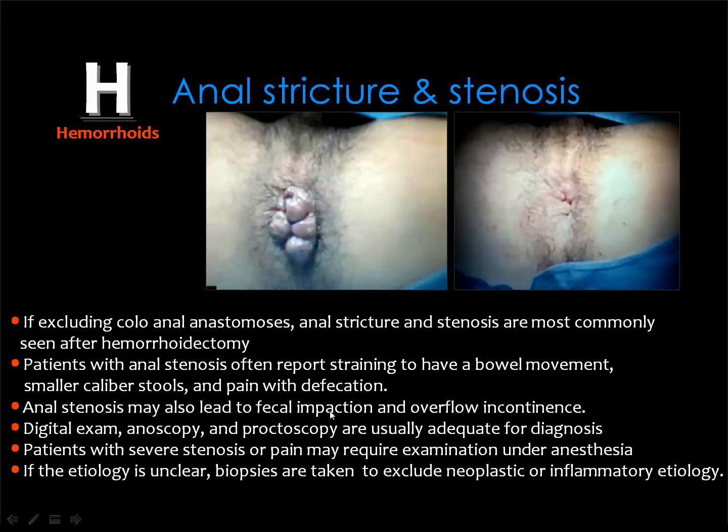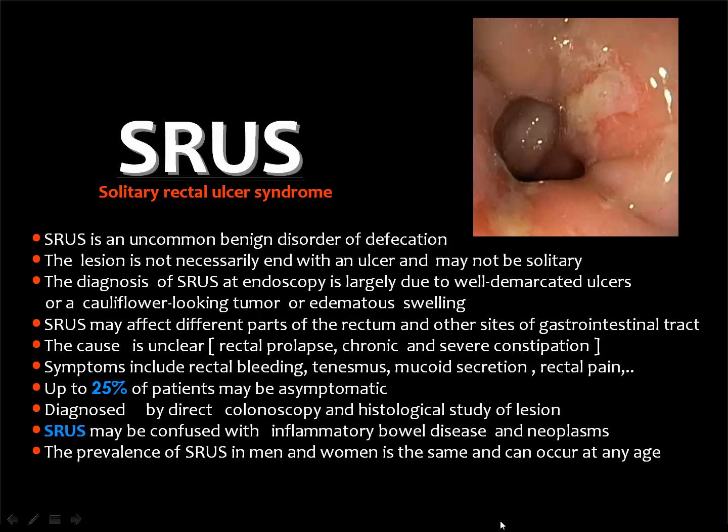Stenosis may lead to fecal impaction and overflow incontinence. It can be assessed by digital examination, anoscopy, and proctoscopy. But in cases of tight stenosis and severe pain, you may need examination under general anesthesia.